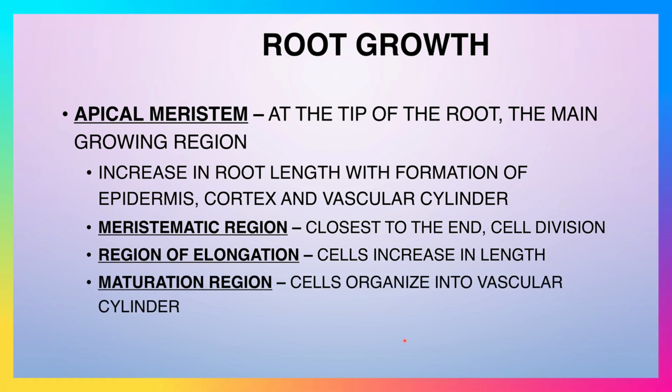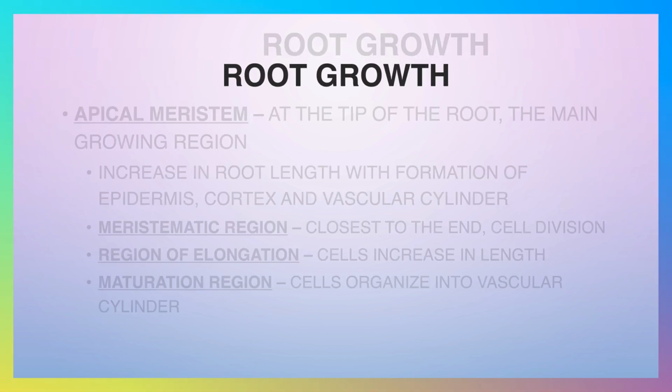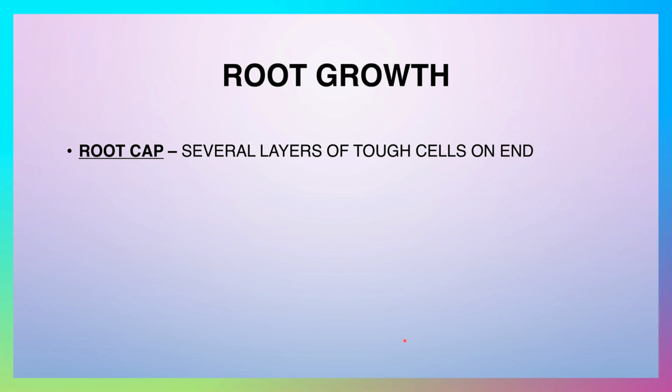And then lastly, the top part of the root, closer to the stem, is called the maturation region, and this is where the cells organize into the vascular cylinder. So the root cap, which is several layers of tough cells on the end, is pushed into the ground by growth and division in the apical meristem.